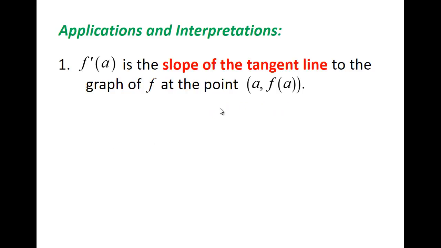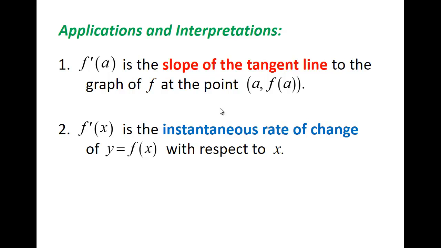Now, recall, f prime of a is the slope of the tangent line to the graph of f at the point a, f of a, and we also saw that f prime of x is the instantaneous rate of change of f with respect to change in x.